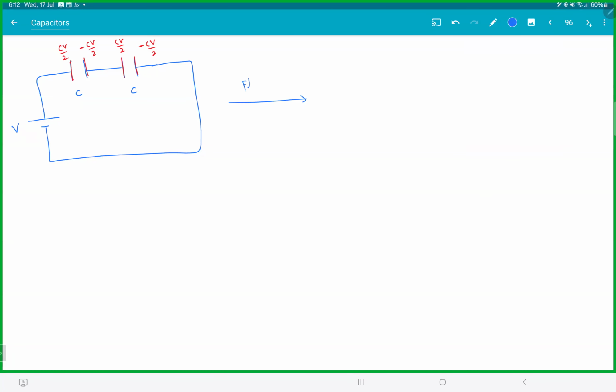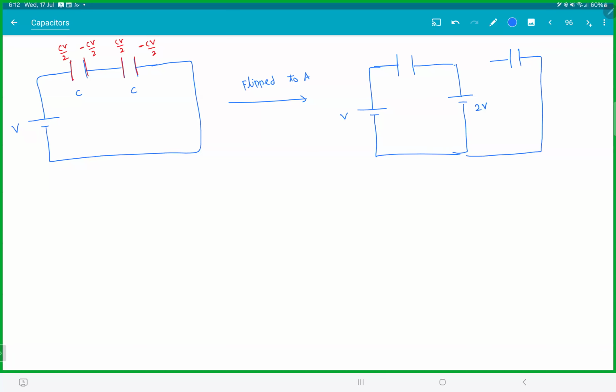Now flip to A. This capacitor on the right will be just hanging in air. So that is gone. So assume charge Q is flowing from here. So this guy will become Q minus CV by 2.